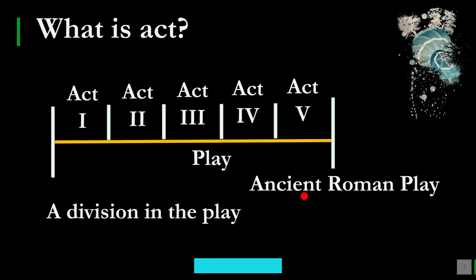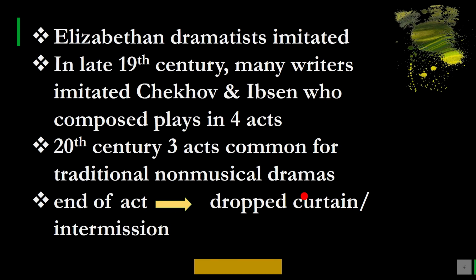Now this is very clear. This structure was first imitated by Elizabethan dramatists, and in the late 19th century we find that there were many writers like Chekhov and Ibsen who composed plays in 4 acts.